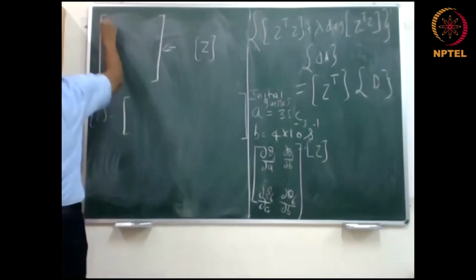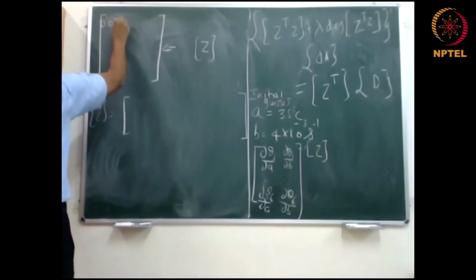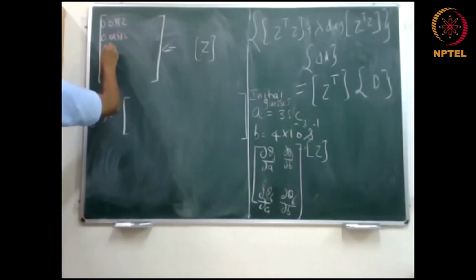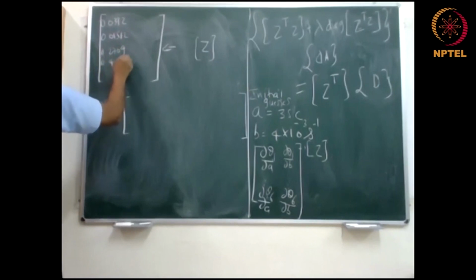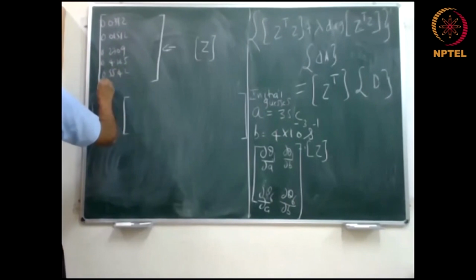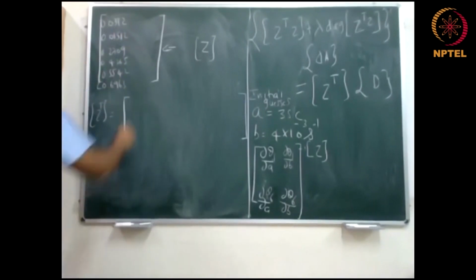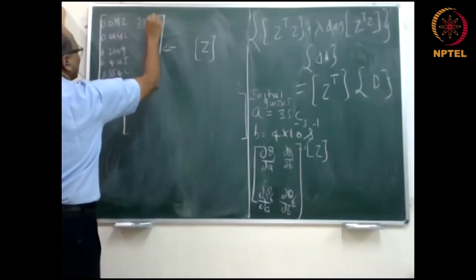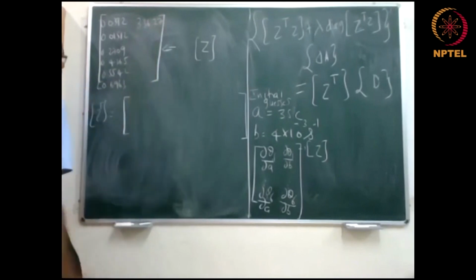0.0392, 0.1512, 0.2709, 0.4265, 0.5542, 0.6963. Very good. Then 336.276, only 336.